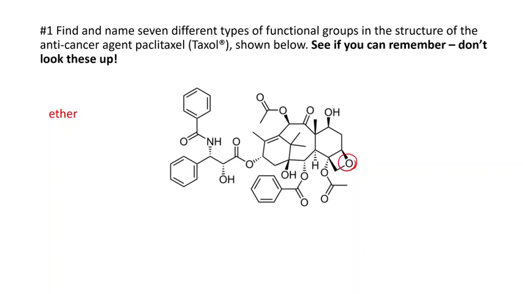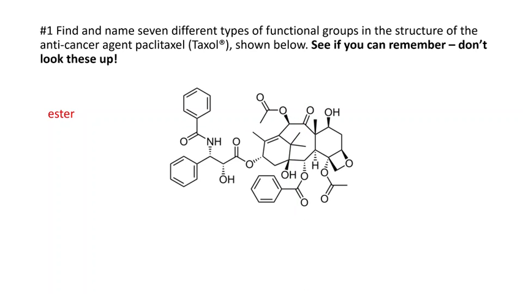Here it is. 2 carbons on an oxygen. Hydroxyl or a hydroxy group. I think there are 3 hydroxyl groups. A ketone. Did you find it? Right there.